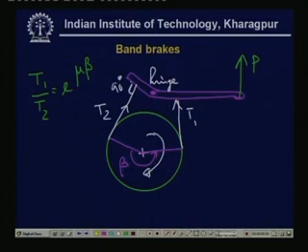Now, we consider the free body diagram of the lever. If you consider the free body diagram of the lever, it looks somewhat like this.